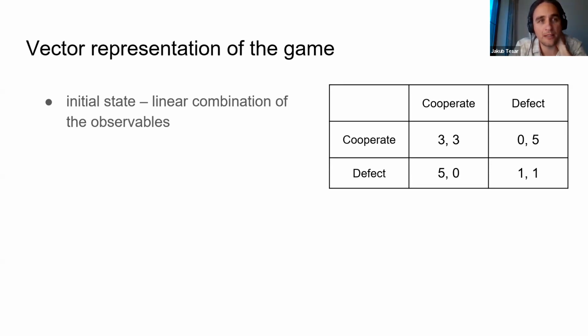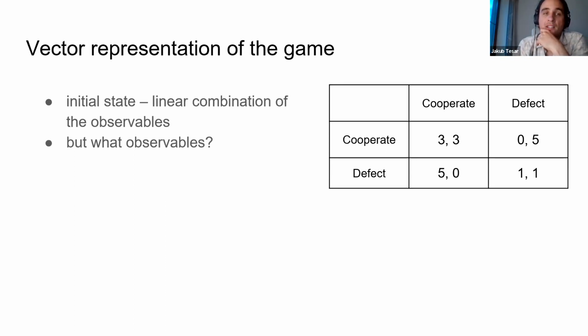So basically the idea is that we need some vector space, and in this vector space the observables will be specified by certain vectors which are orthogonal to each other, and these orthogonal vectors represent the observables that are mutually exclusive. So for example, yeah, and that's an interesting question. What does it mean in the games? So the question is what observables we should represent with those orthogonal basis vectors.